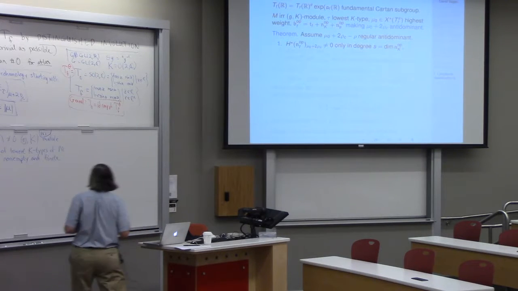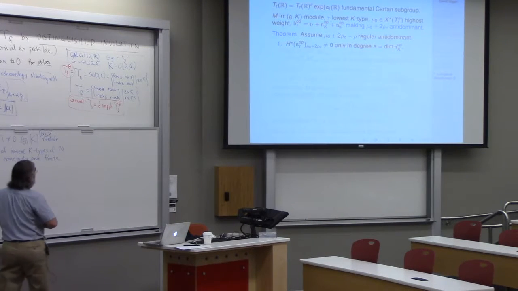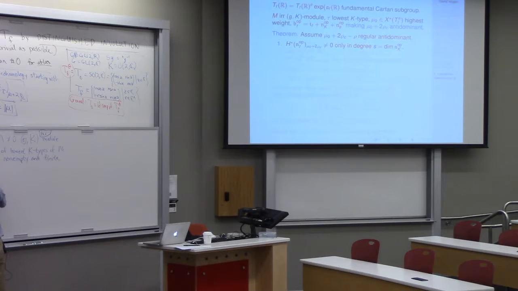this should be in the cohomology. It should be the cohomology of this NF with coefficients in M, and I'm interested in this weight mu naught plus 2 rho C. So this M was missing on the slide.